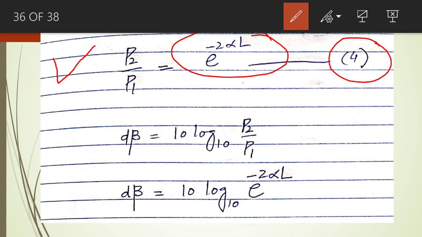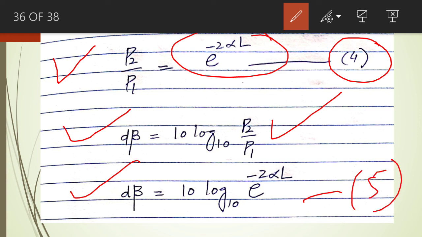We can calculate this ratio in decibel as well. The decibel value of this ratio will be equal to 10 log of P2 by P1. If we put the value of P2 by P1, we get this particular equation, let me call it equation number 5. So dB will be equal to 10 log of e raised to power minus 2 alpha L.